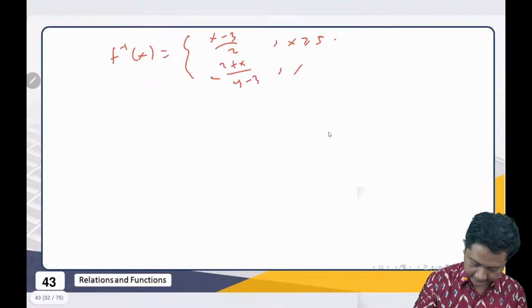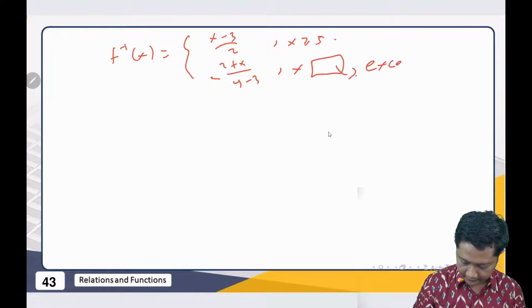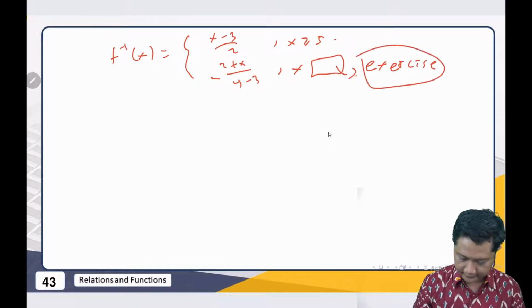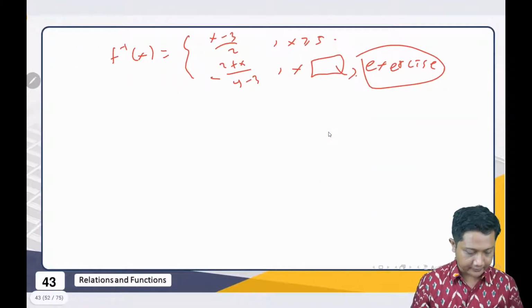Find the condition. This one I leave it for exercise. Okay, so hopefully that's clear enough. And yeah, that's all for some example.